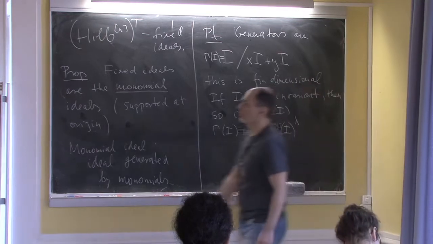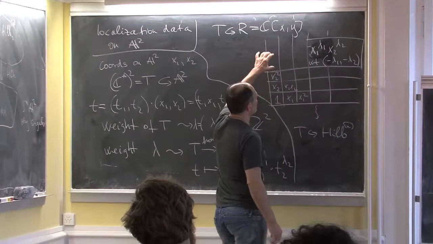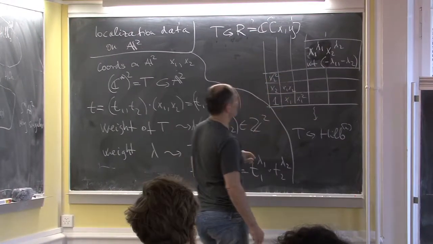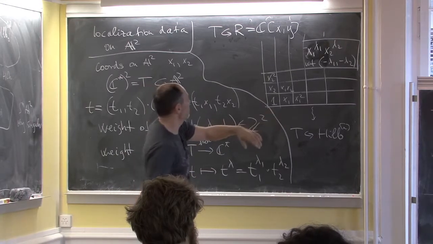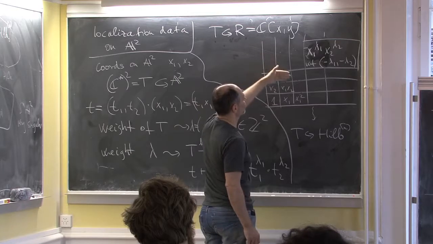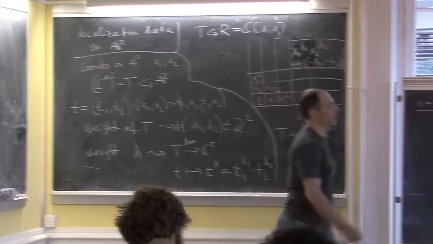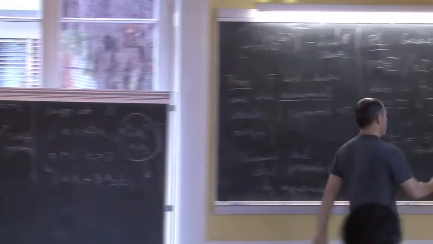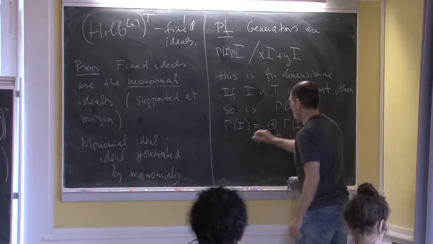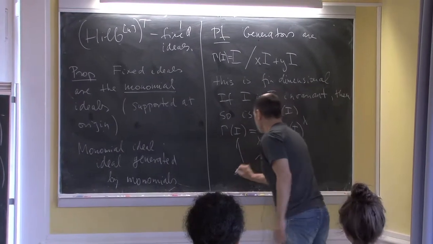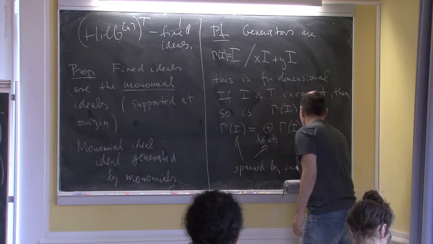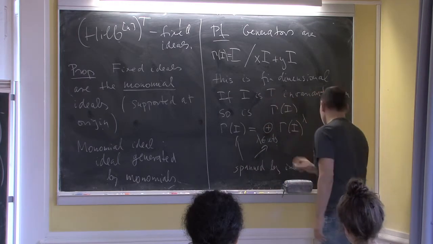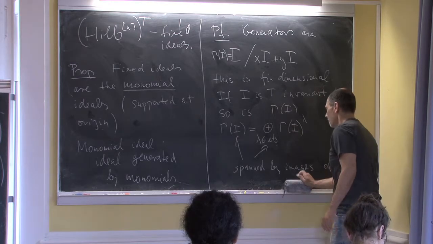And naturally, necessarily, these pure weight subsets of this gamma I will have to be some monomials because of the invariance, so this will be spanned by images of monomials, because they are, by the previous observation, monomials.